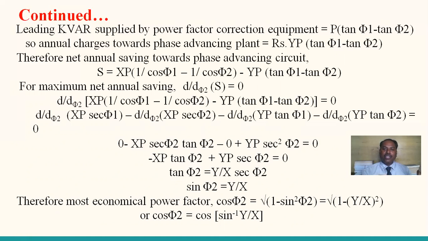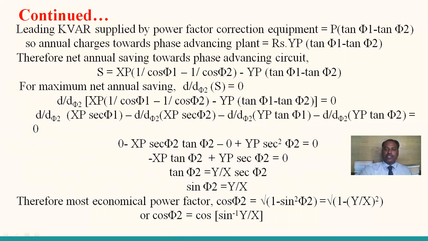We assume the maximum demand charges as X rupees per kVA and the expenditure as Y rupees per kVA, and the net annual saving S is the difference between them. S maximum is possible by differentiating with respect to φ2 and equating to 0, so that sin φ2 is equal to Y by X. Otherwise, cos φ2 is equal to cos of sin inverse Y by X. This is the most economical power factor at which the kilowatt demand is constant.